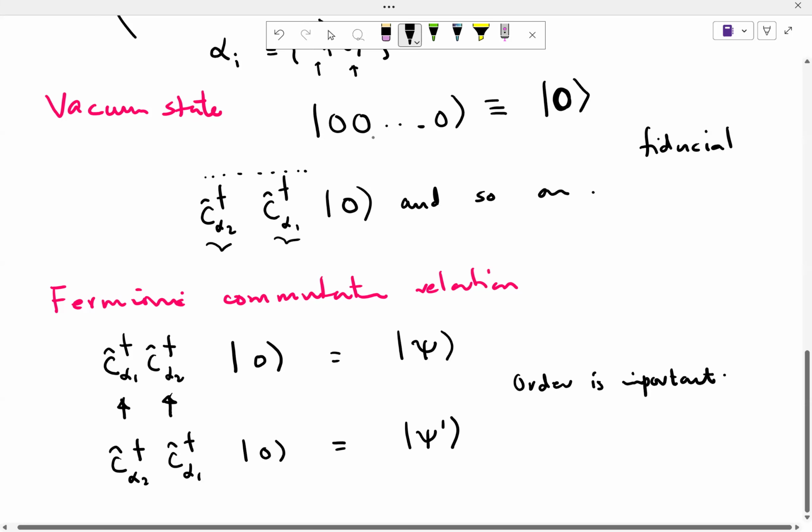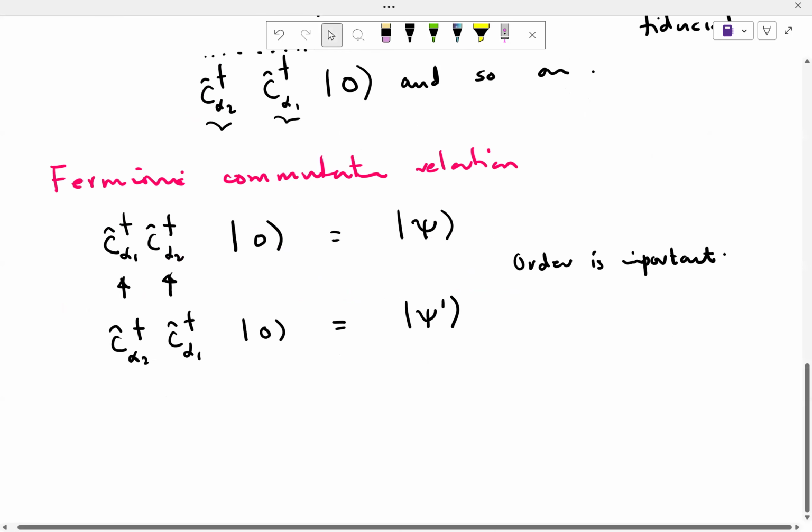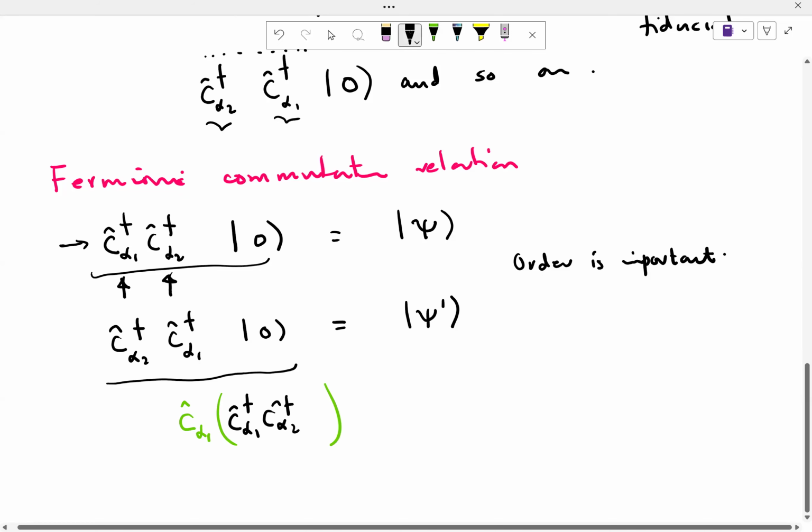And how can you show that the order is important? If I take either this state or this state and have a C operator, say alpha 1 annihilation operator, act on, say, this state here, then I will get some new state, phi.